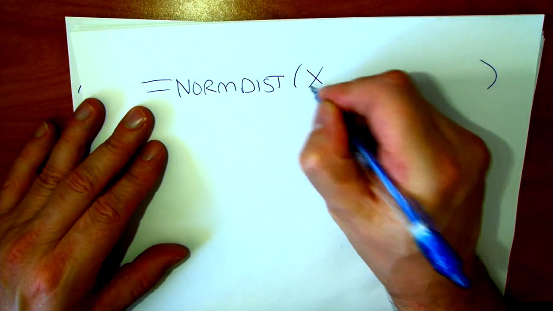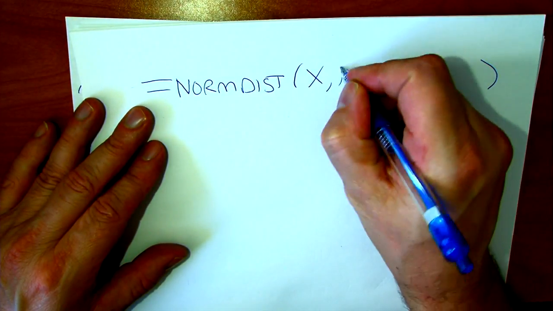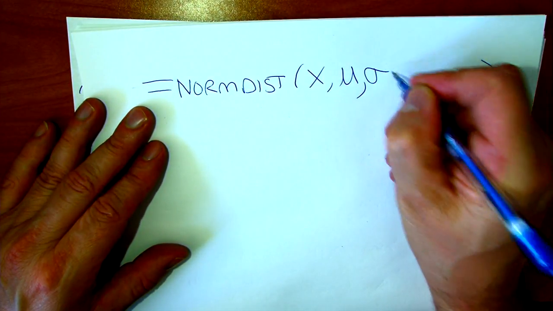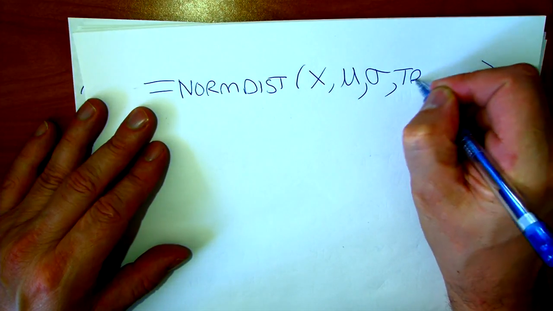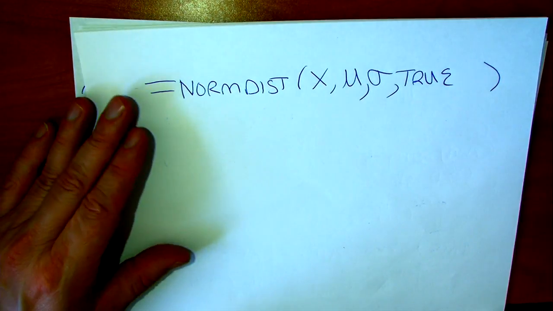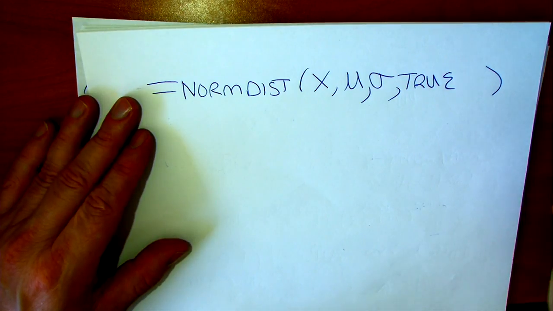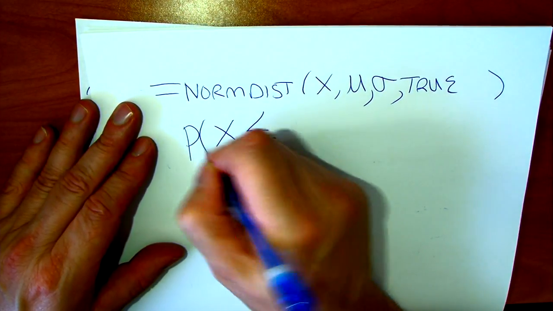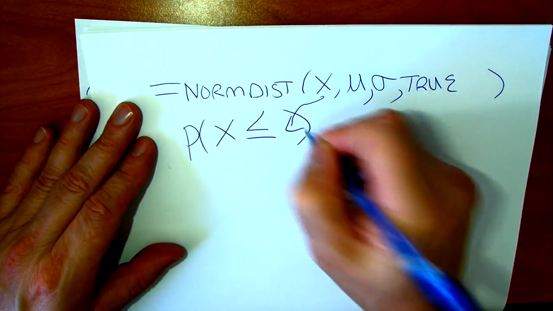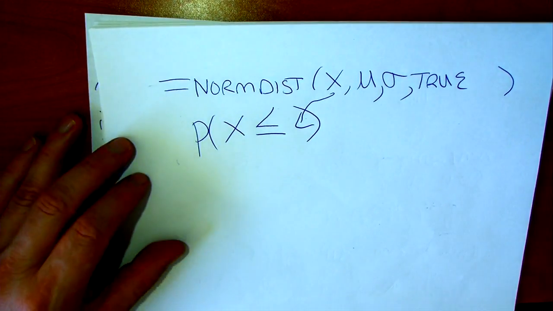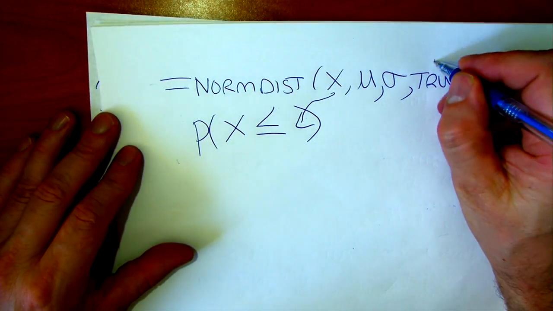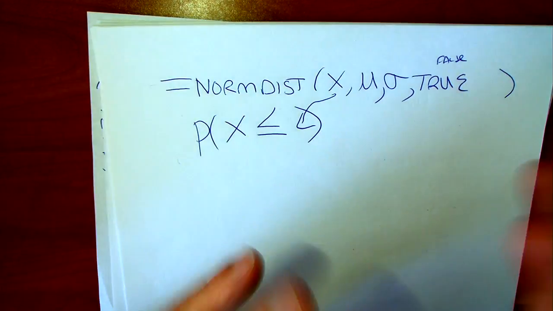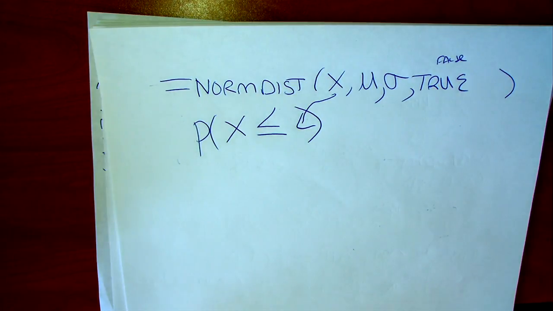We give it an x, the mean, the standard deviation, and in this case we always give it the flag true, always. It will always return cumulative probability, the probability that x is less than whatever you plug in. If you use false, it'll give you the value on the curve, which really is not much use for us.